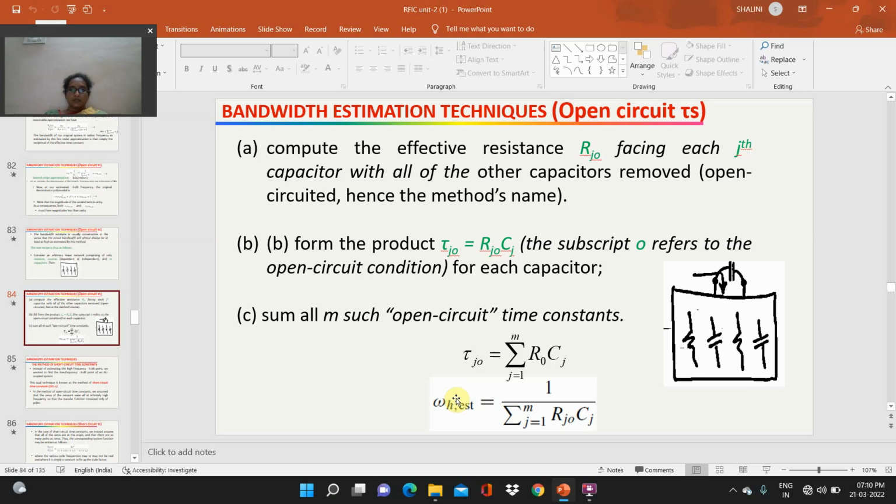The subscript 0 refers to the open circuit condition for each capacitor. Then sum all m such open circuit time constants: tau j0 equal to the sum from j equal to 1 to m of R j0 Cj. The omega H,est is equal to 1 by the sum from j equal to 1 to m of R j0 Cj.